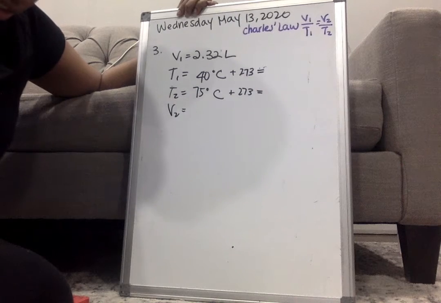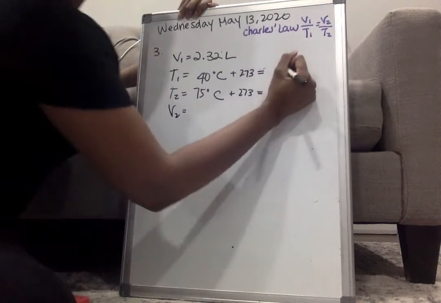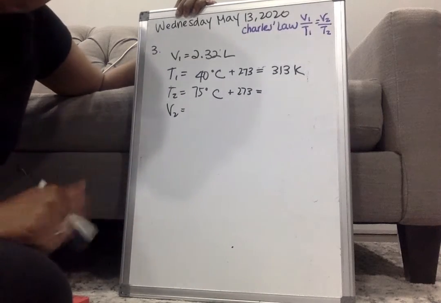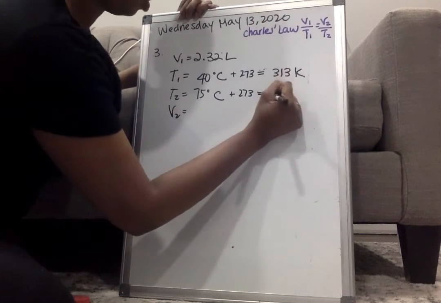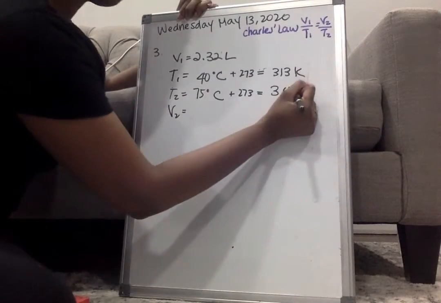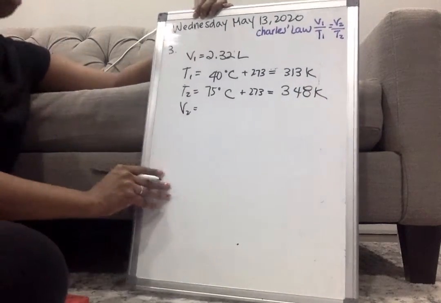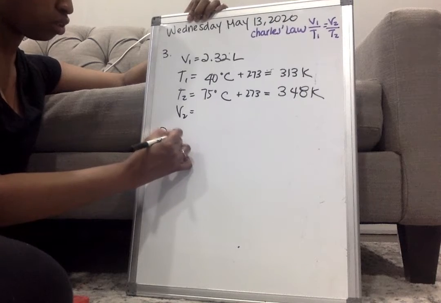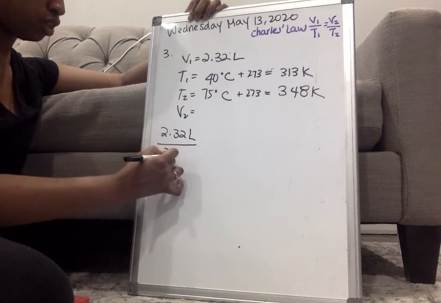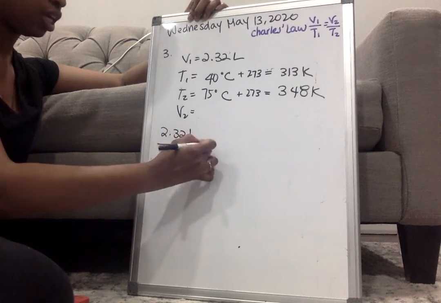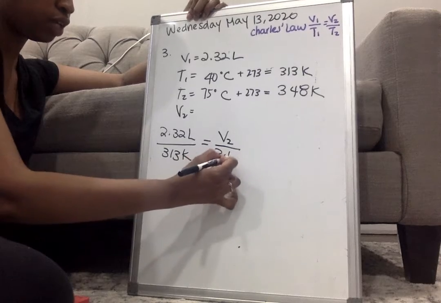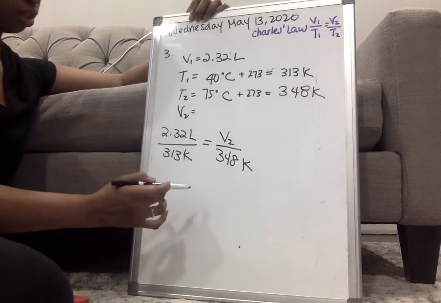Okay, I'm adding 273 to convert this to Kelvin. Once again, so T1, 313 Kelvin, T2, 348 Kelvin. Plug in my values, 2.32 liters over 313 Kelvin equals V2 over 348 Kelvin.